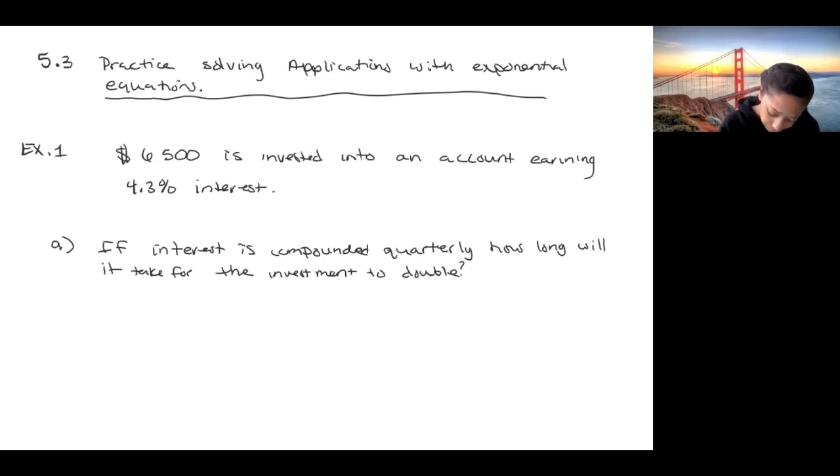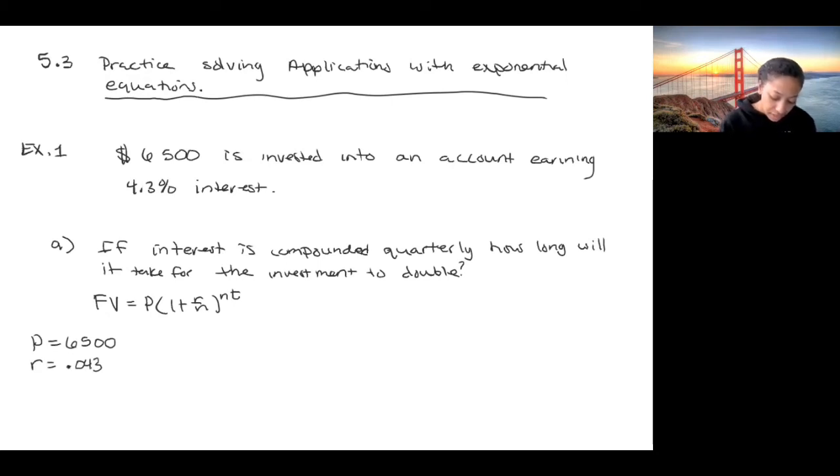So in this one, our compound interest problem is we're compounding quarterly, so future value equals P times (1 + r/n)^(nt). In this case, P is $6,500. What else are we given? We know that r is 4.3%, so that's 0.043.